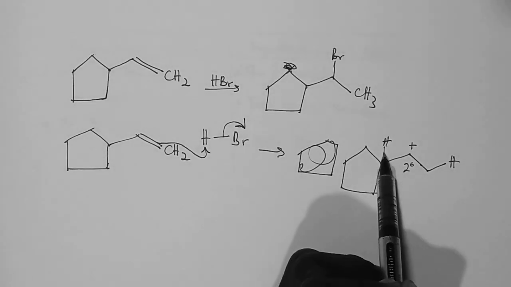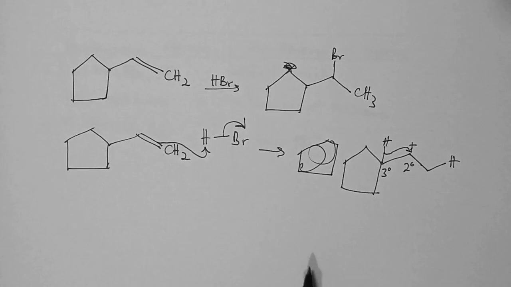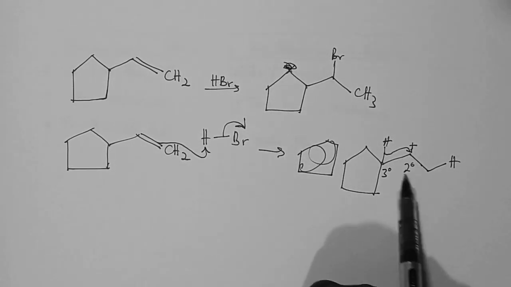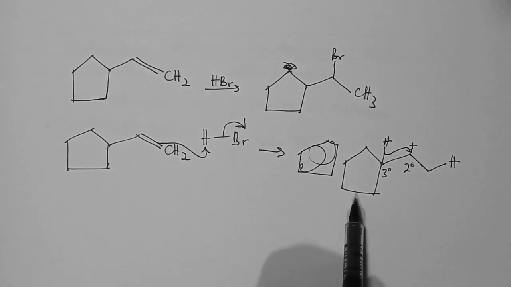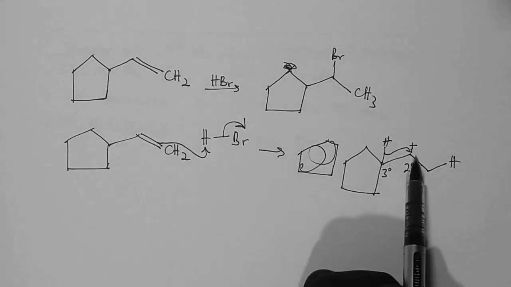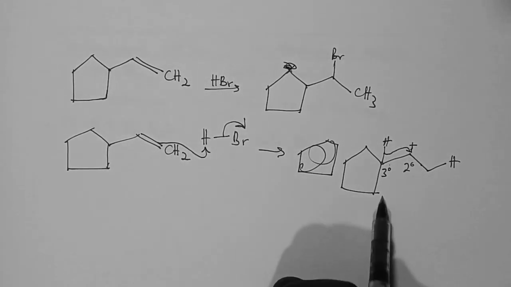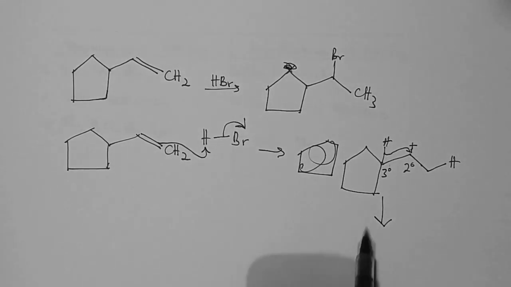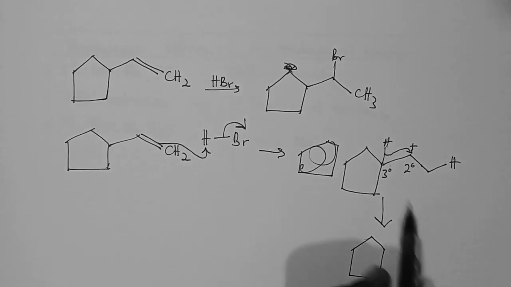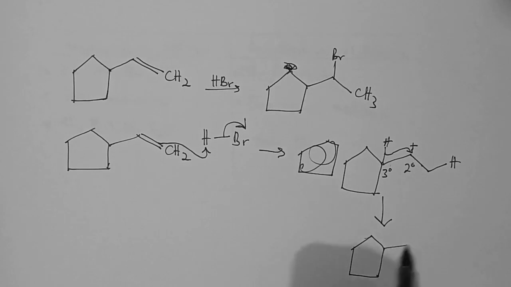If we shift this hydride to this point, you see that the carbocation will move from a secondary carbon to a tertiary carbon, which is much more stable than a secondary carbon. And therefore, this hydride shift will cause a move of the carbocation from being on this carbon to rather being on this carbon.